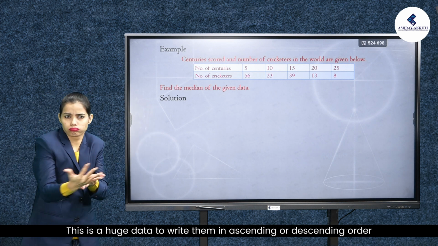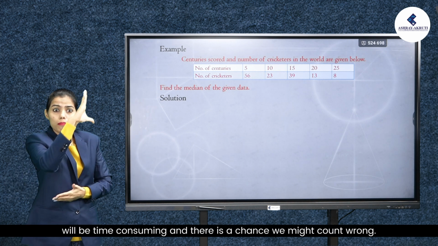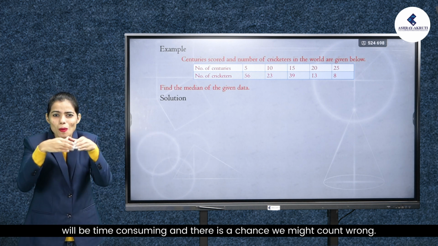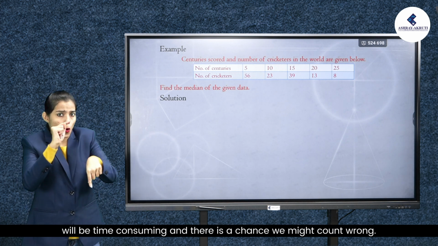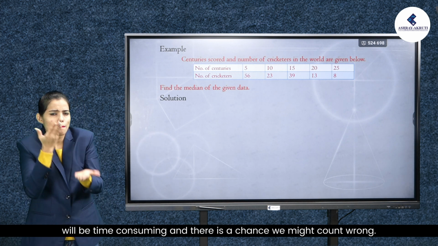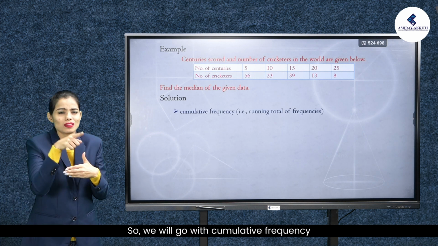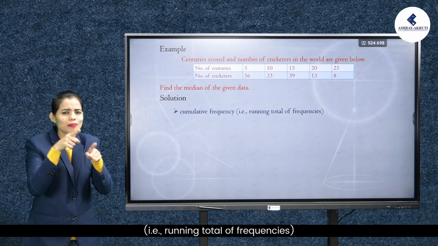This is a huge data. To write them in ascending or descending order will be time consuming and there is a chance we might count wrong. So, we will go with cumulative frequency, that is the running total of frequencies.